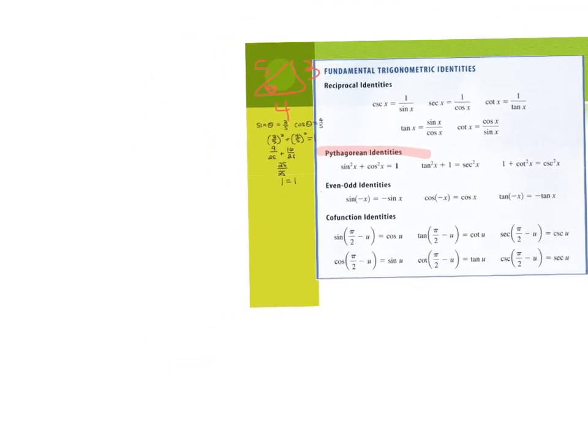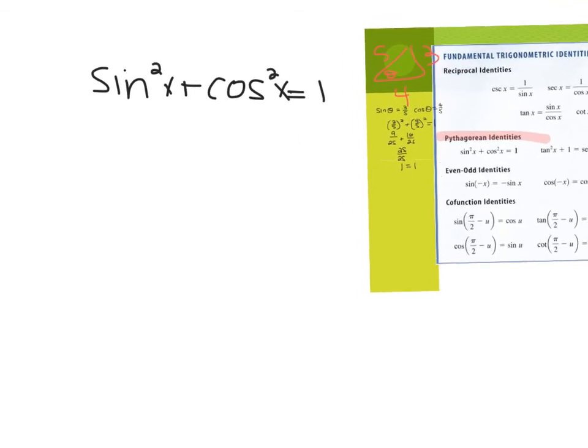If you just know the first one, sine squared plus cosine squared equals 1, and it's really sine squared x plus cosine squared x, there's a variable there. If I take each of those and divide them by sine squared, I get sine squared divided by sine squared, which is what? 1.